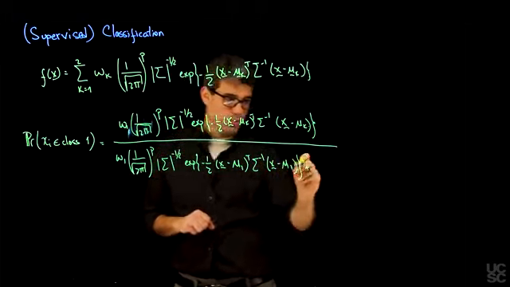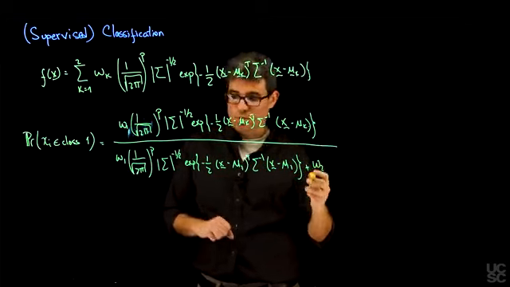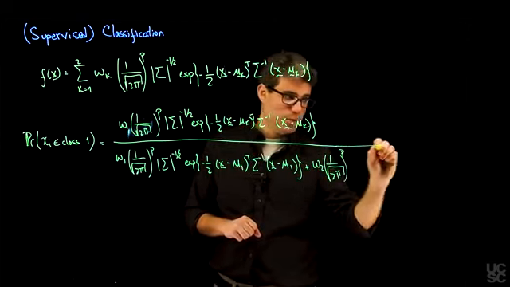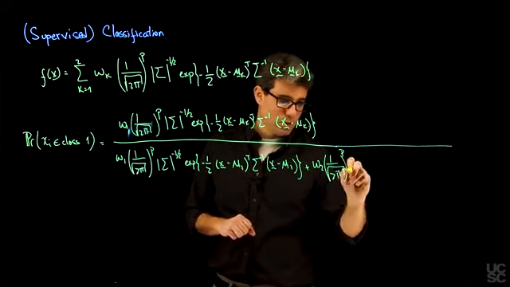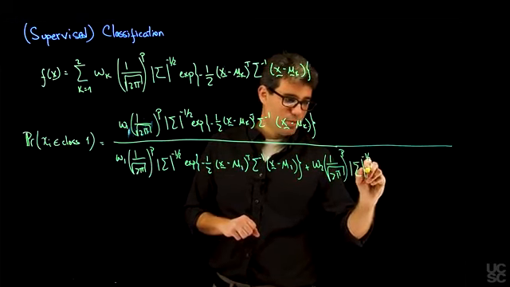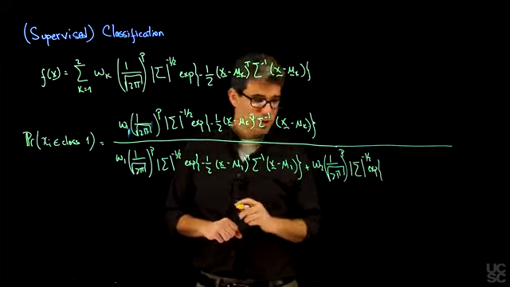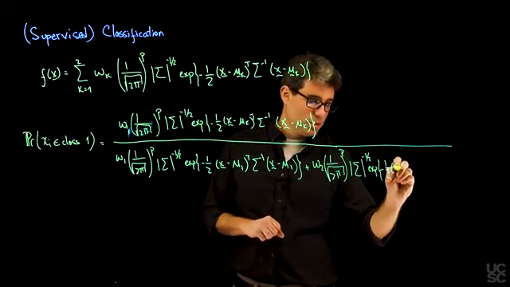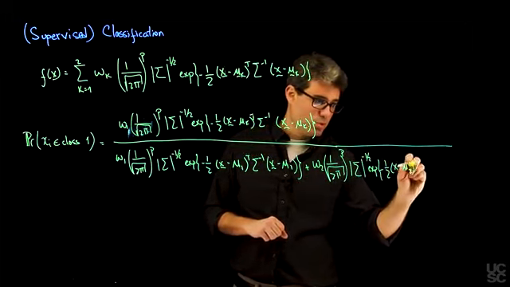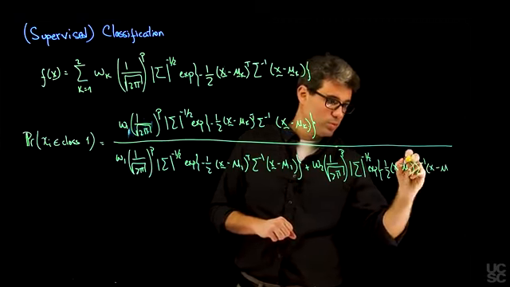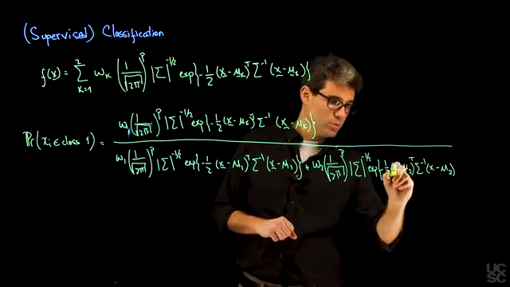And then we're going to have omega 2, that is just 1 minus omega 1, but 2 pi to the p, determinant of sigma to the minus 1/2 exp of minus 1/2 x minus mu 2, sigma inverse x minus mu 2.